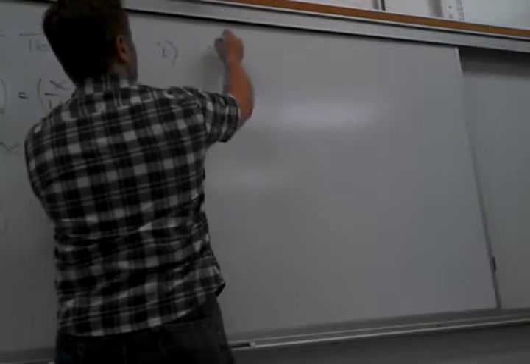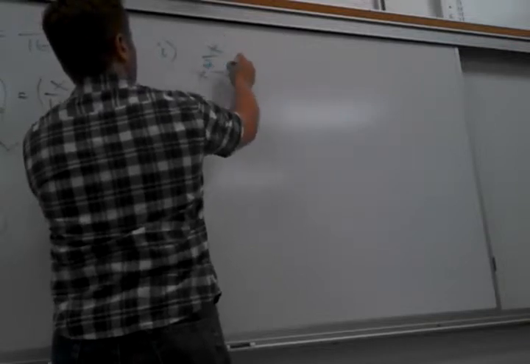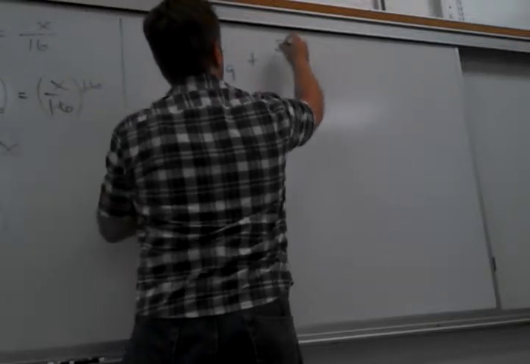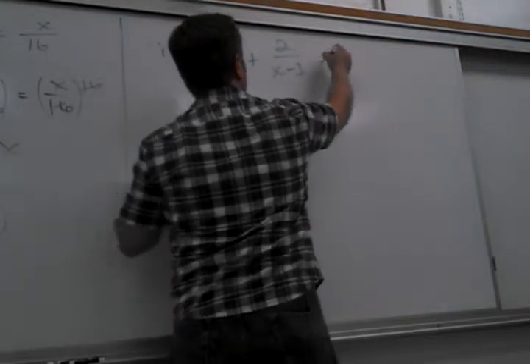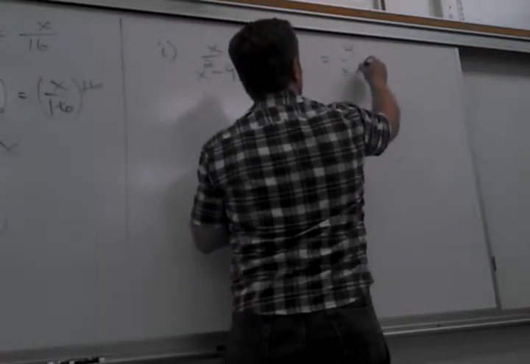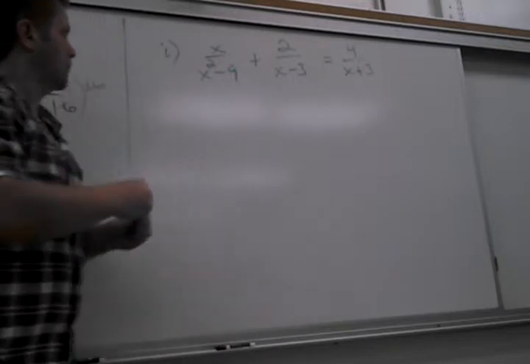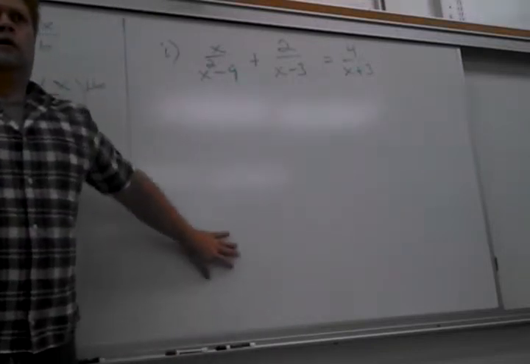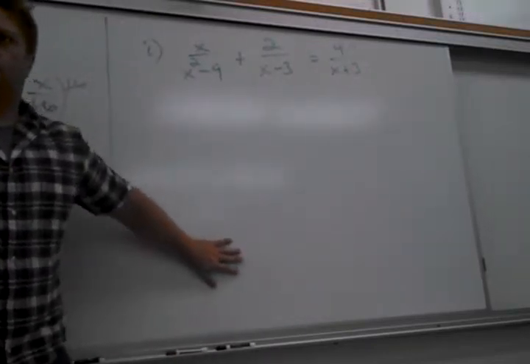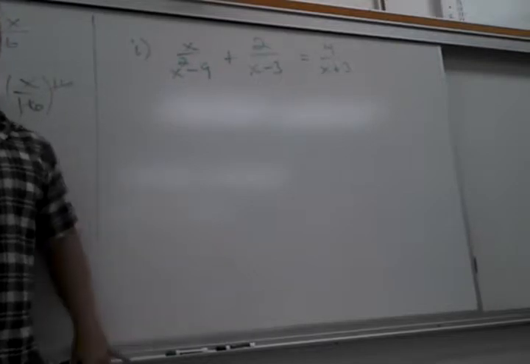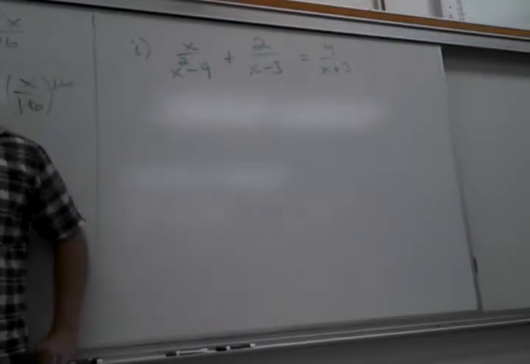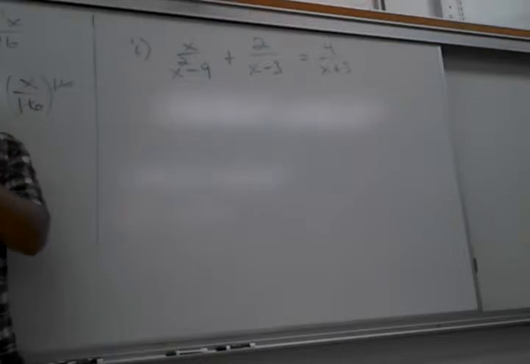So let's see if I had something like this here. Not surprisingly, the answer is we do the same thing. My point is that variable expressions are just numbers. They're numbers we don't know yet, but they're numbers, so they have to act the same way.